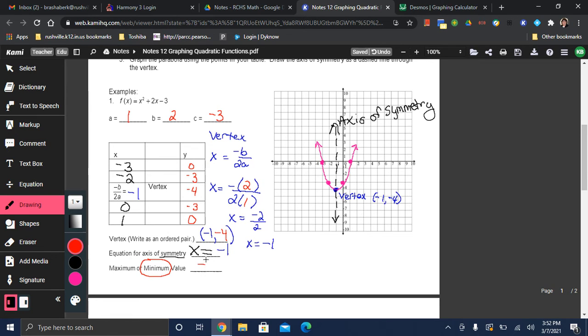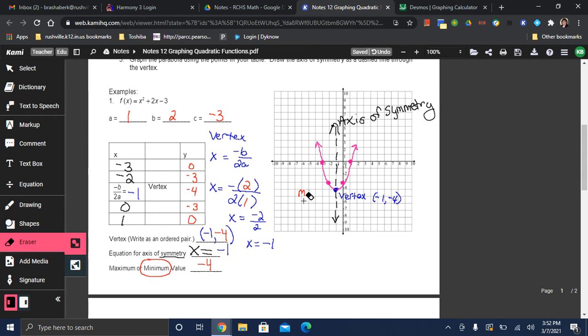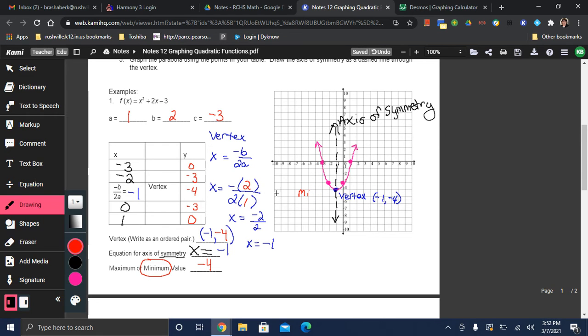So the minimum value equals -4. So this being the lowest, it has a minimum. Spell that correctly. It is a minimum, and that minimum is -4.